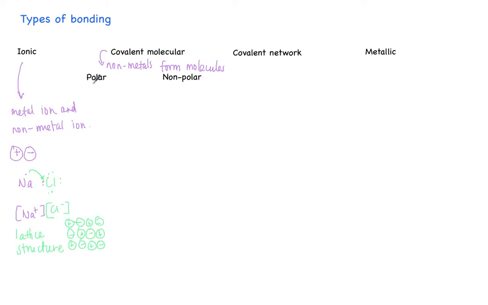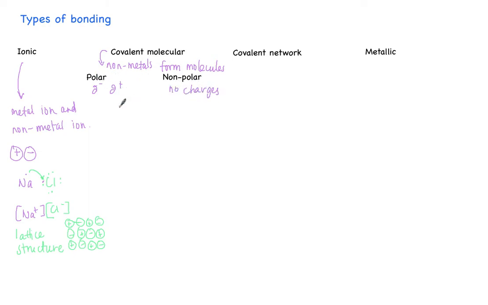And we'll have, as we know, two types of covalent molecules, some which are polar, so some which have areas of negatively charged and positively charged dipoles, and some which are non-polar, so there's no area of overall charge.